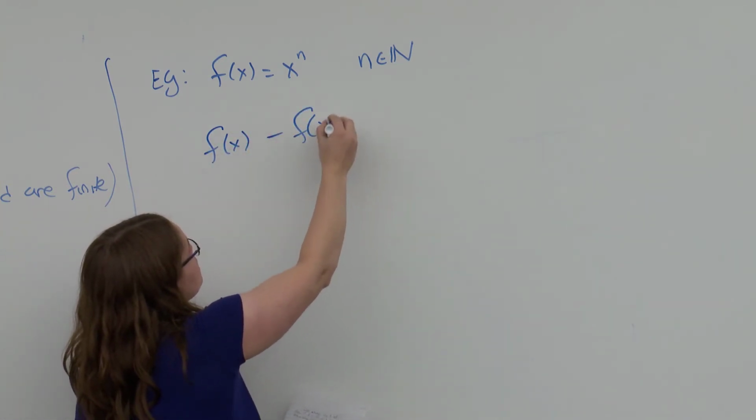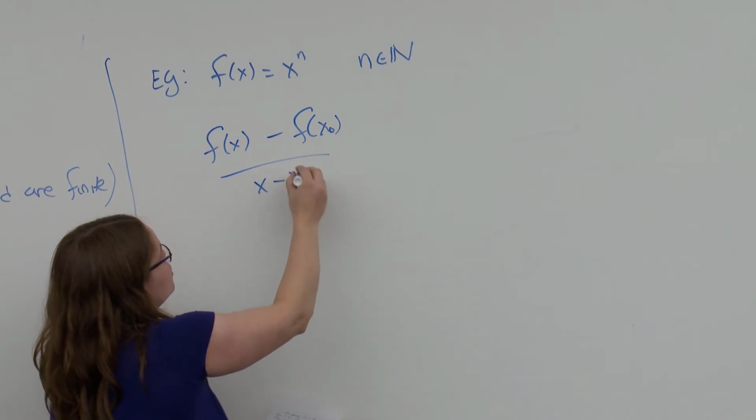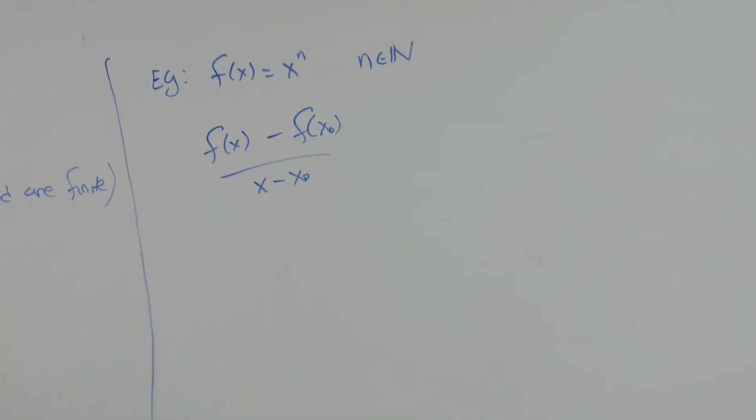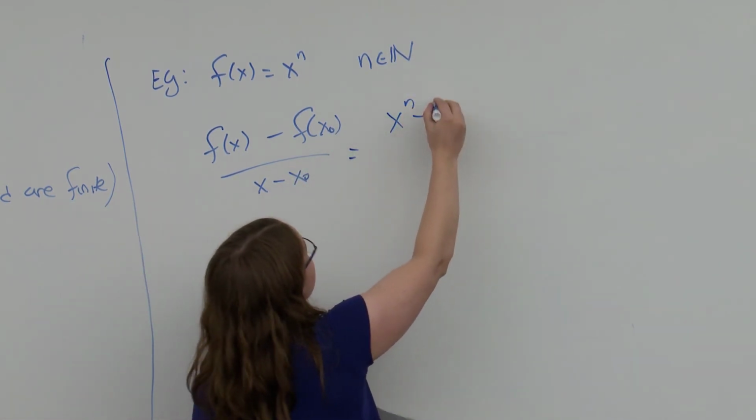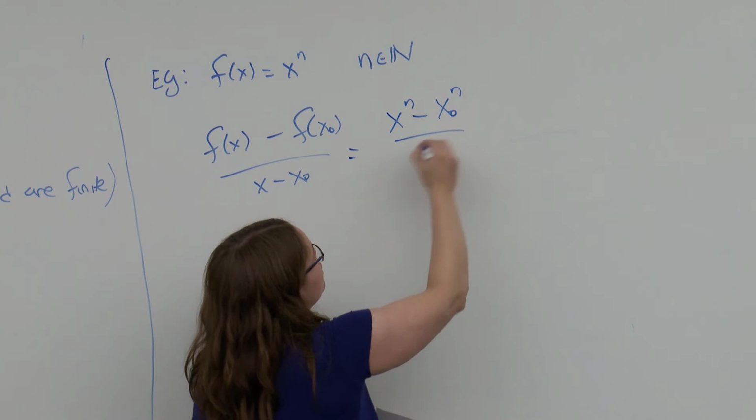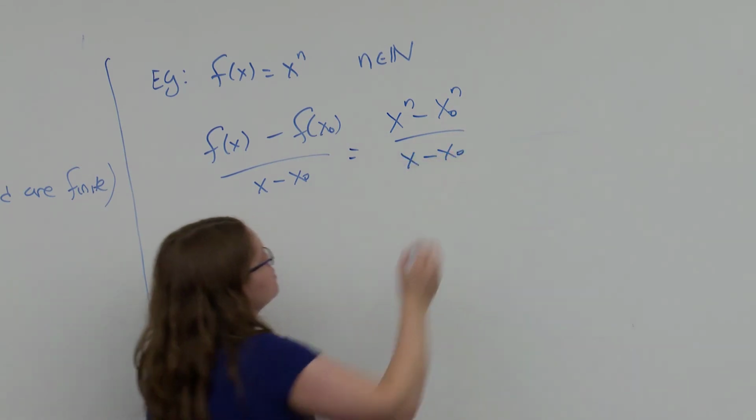Okay, we know we need to look at this quotient if we're going to compute its derivative. So we need x to the n minus x naught to the n over x minus x naught.